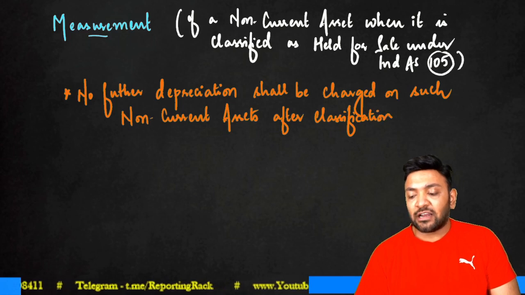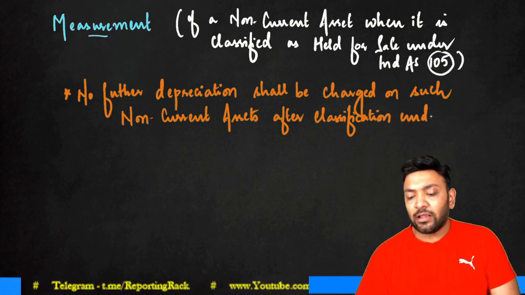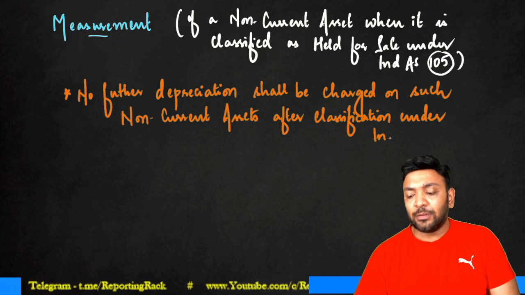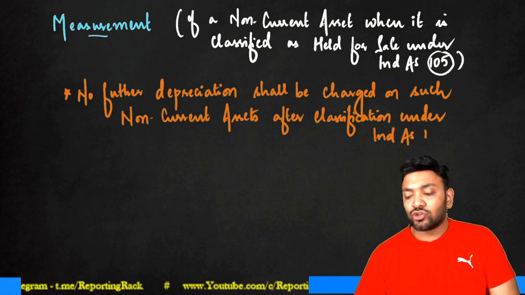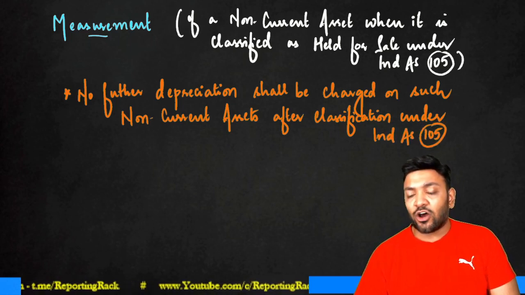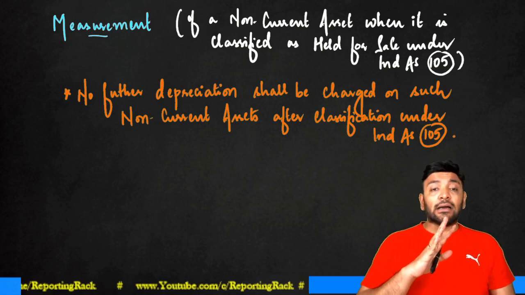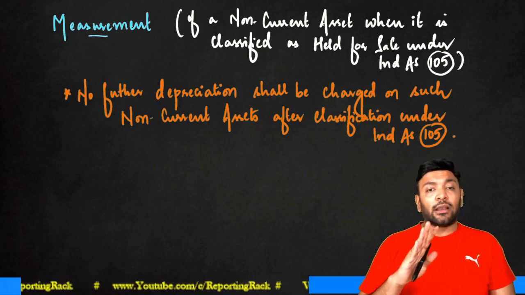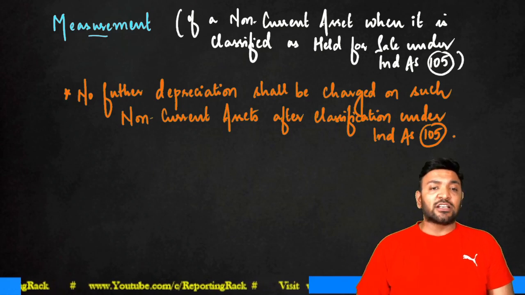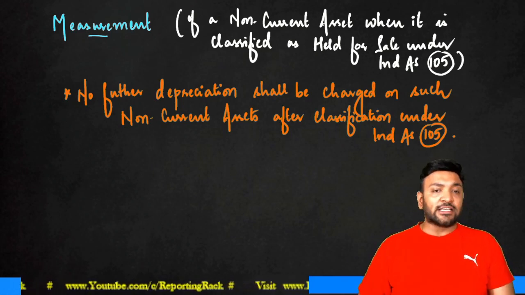Once you classify it under IND AS 105, no further depreciation is charged. So you will stop charging depreciation on that asset, be it a PPE, an intangible asset or an investment property.